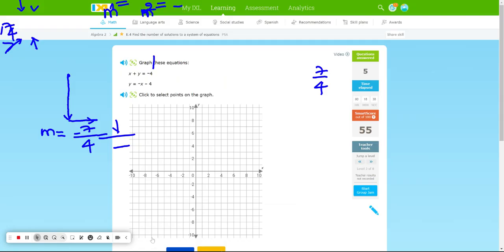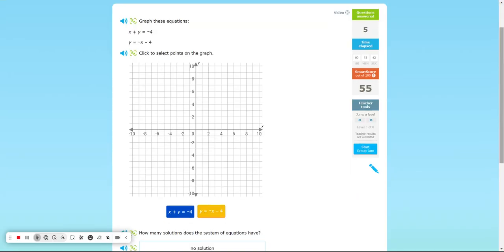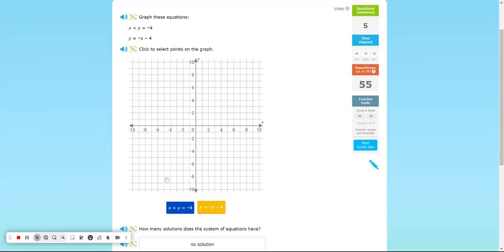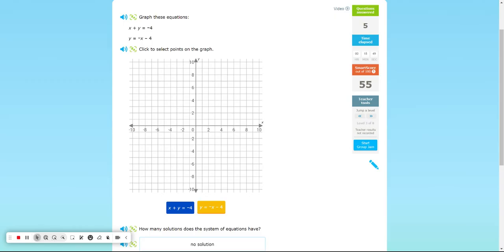We got 55 points. So now we got a new problem over here. Let's go ahead and graph. Let's do the first line right here. But you can see this line is not quite in slope intercept form.